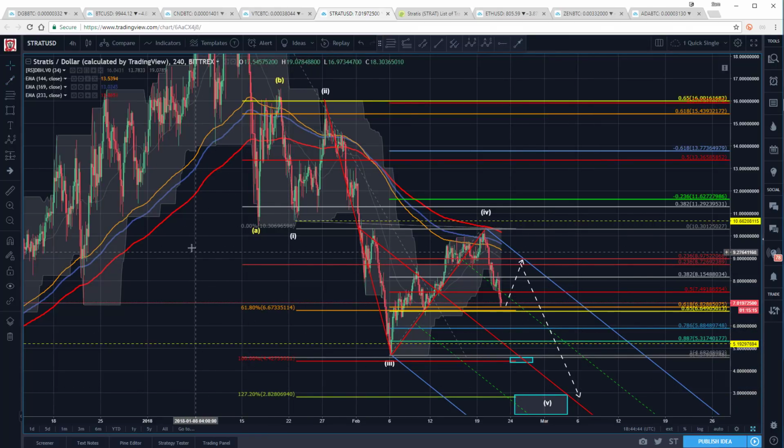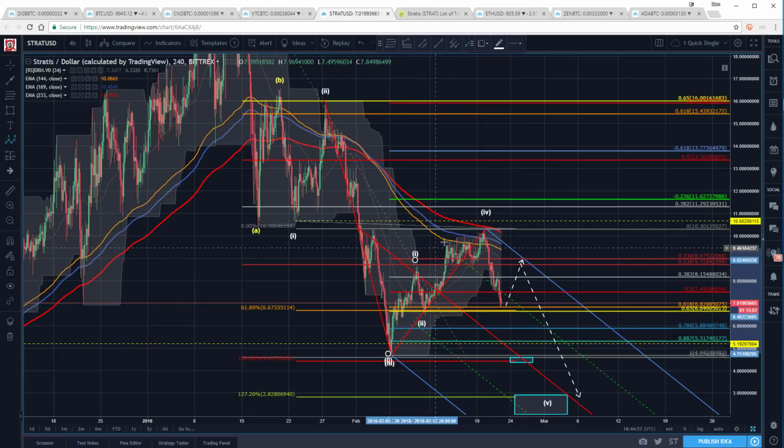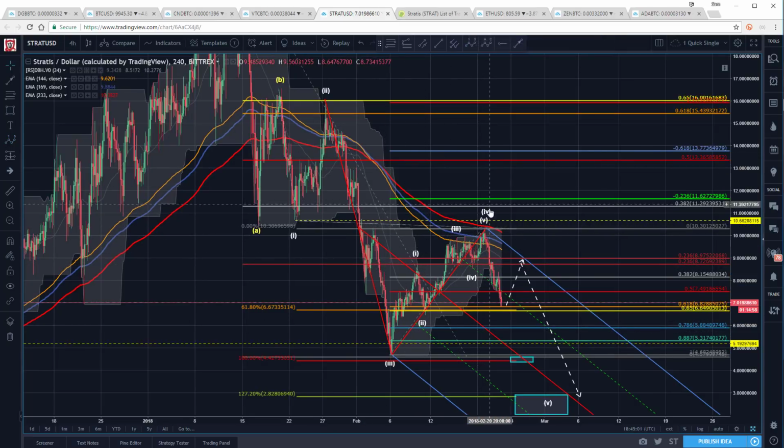So you need to get better confirmation, because this really is a struggle to try and get that into a 5 wave. Could you make it? Yeah, you could probably make that case. This is where having your bias can be an issue. But is that really what that looks like? It's possible.